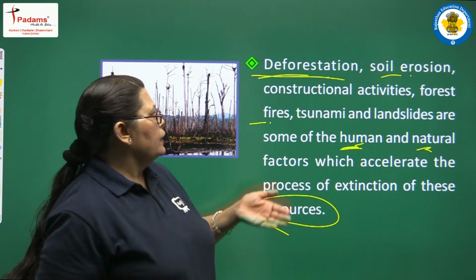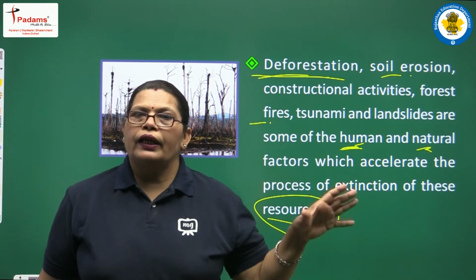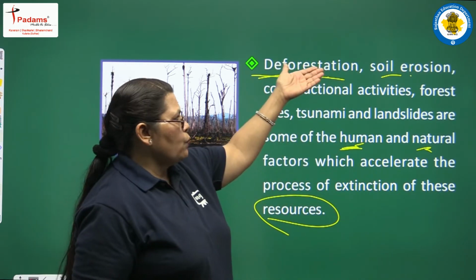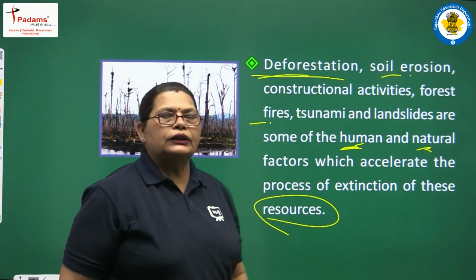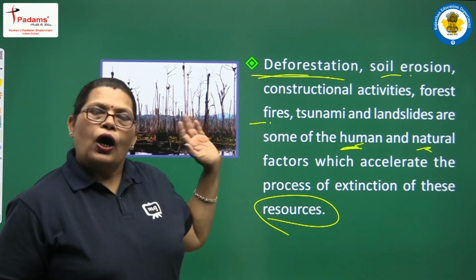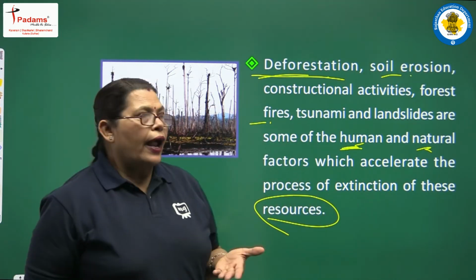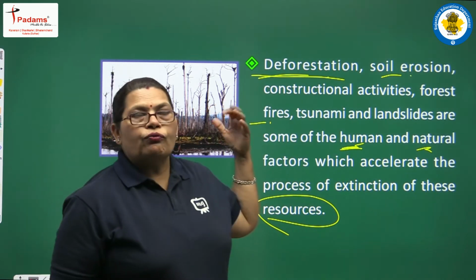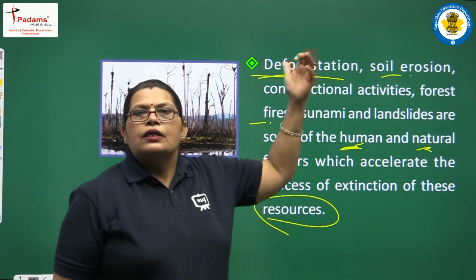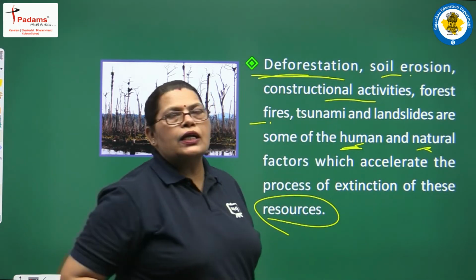What are these things? First of all, we human beings are also interfering so much in all these things. First of all, what? Deforestation is there. See, जंगलों की कटाई हो रही है और वापस नए पेड़ भी नहीं उगाए जा रहे हैं. And another one, from all these things what happens? Soil erosion happens and construction activities are also there.